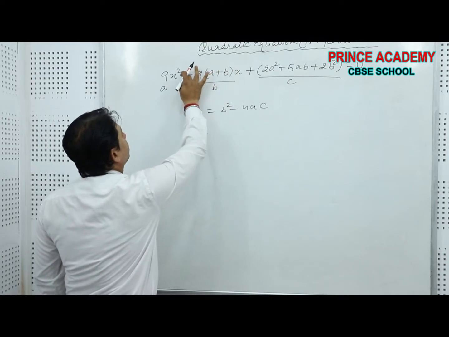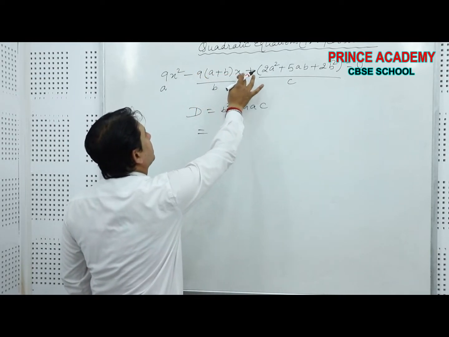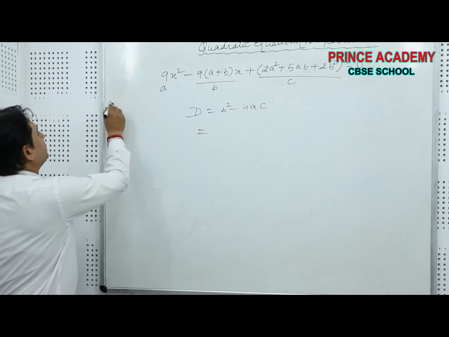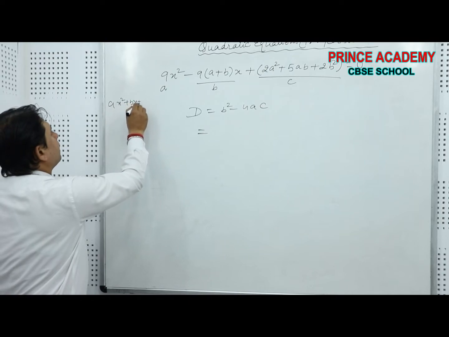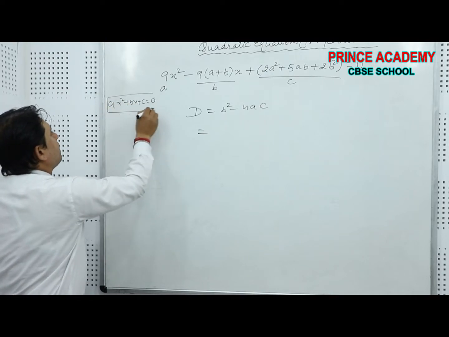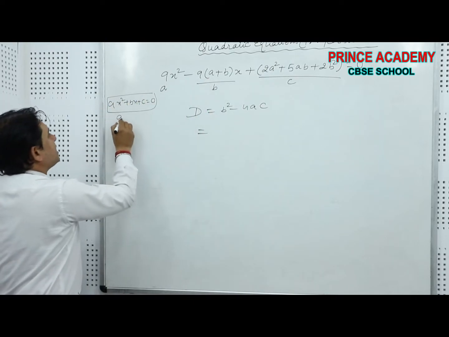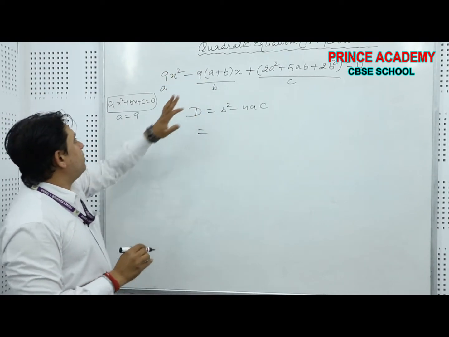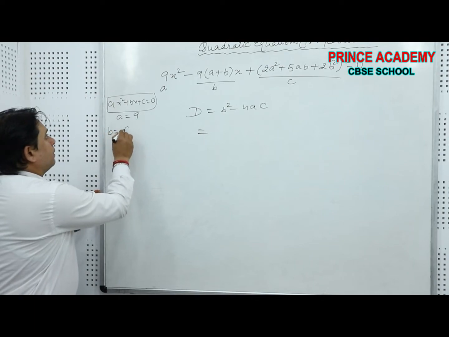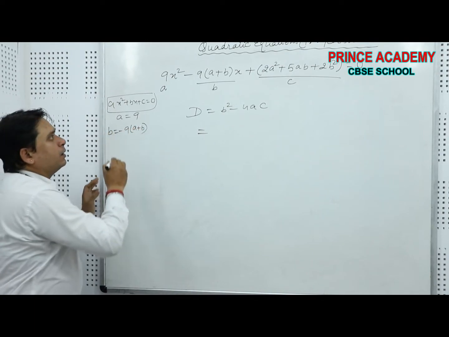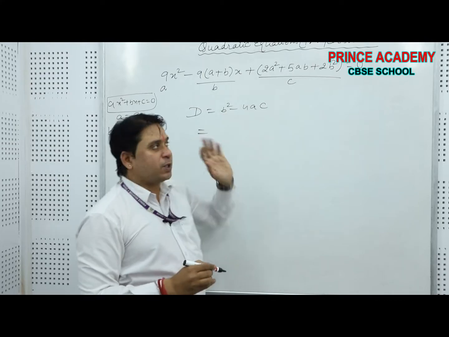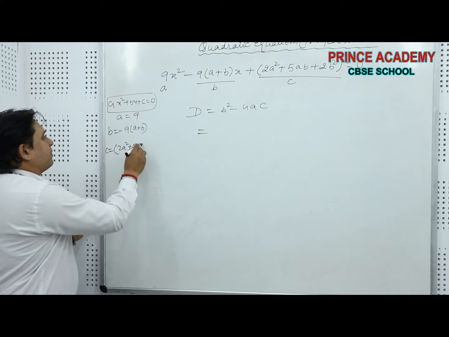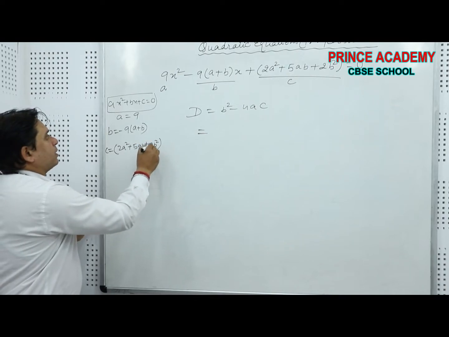This whole portion, minus 9 into (a plus b), is b. See, beta, this is the standard form. And if you compare with this, you will get a is equal to 9, b is equal to minus 9 into (a plus b), and c is equal to 2a square plus 5ab plus 2b square.